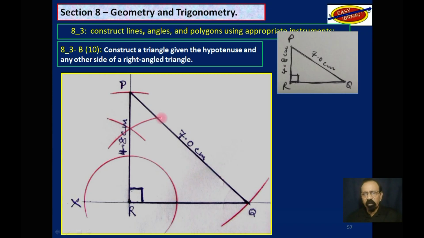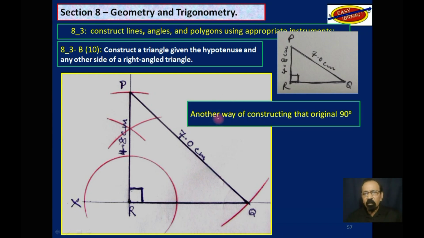And if you approach this differently, as long as you have these dimensions, that the right angle is at R, that RP is 4.8 centimeters, and that PQ is 7.0 centimeters, the triangle will always be the same. That is why it is called unique triangles.